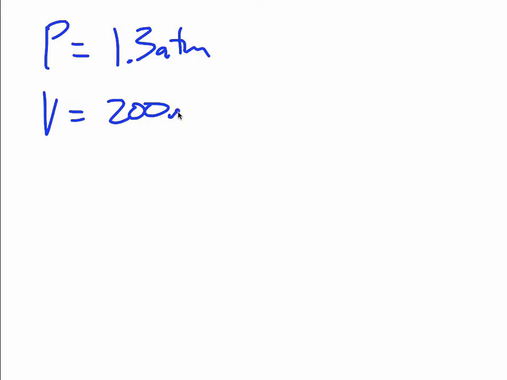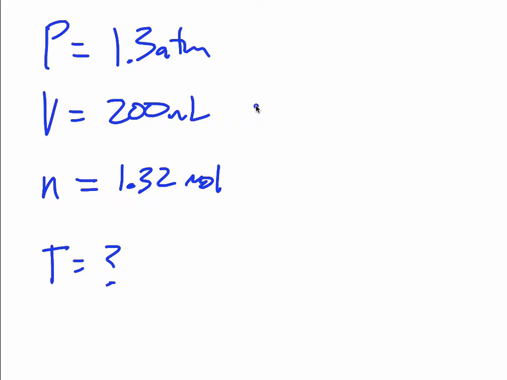Okay. So let's go ahead and look at a problem. Let's say that we had a pressure value of 1.3 atm, a volume value of 200 milliliters, a mole value of 1.32 moles, and they wanted temperature.